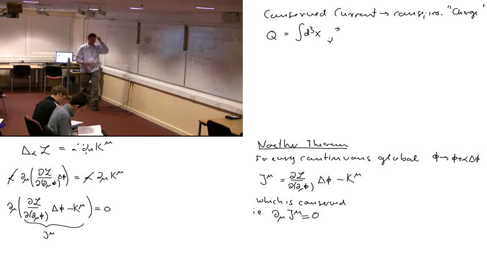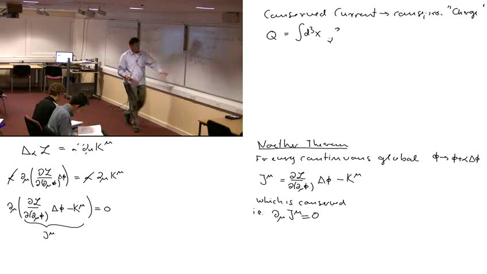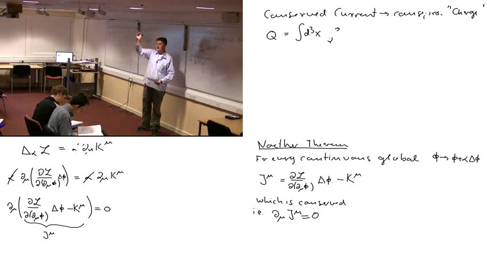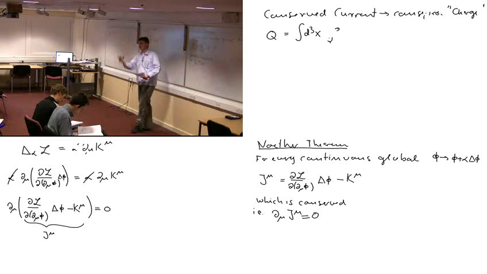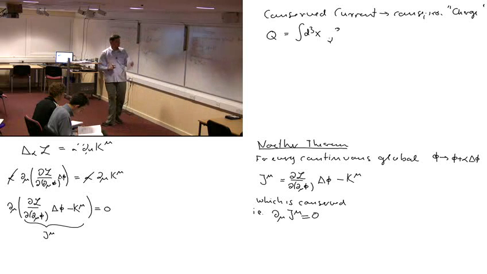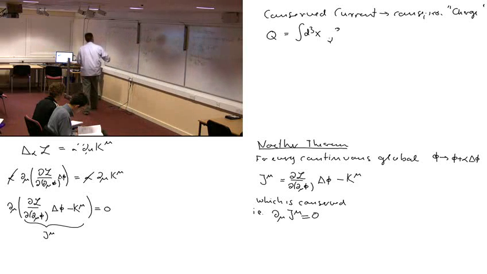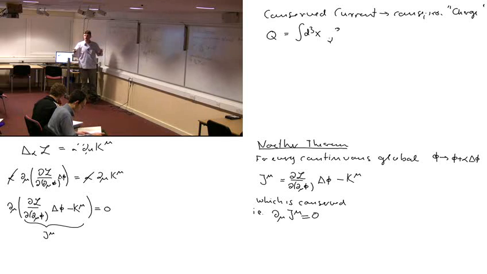In electrodynamics, the conserved current is the charge density and the current density. So the zero component of the electromagnetic current is the charge density. And of course, if you integrate the charge density over all of space, then you have the total charge, and the total charge is something which is conserved in electrodynamics.